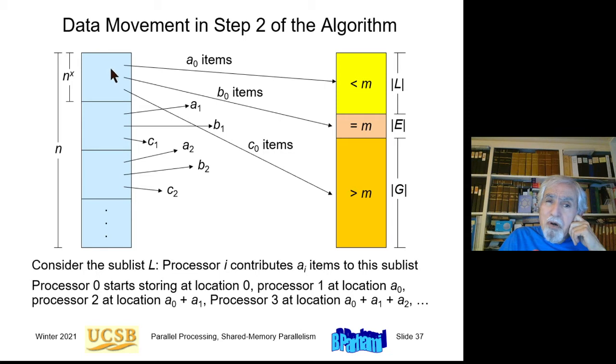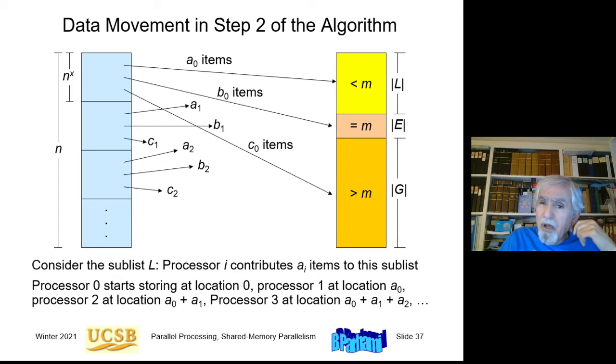So this processor knows that it should start storing its values that are less than m beginning at address 0. This one should start storing its values into this part of the list beginning at address A0, and this one at A0 plus A1. So all these processors can store their values into the shared memory in parallel.